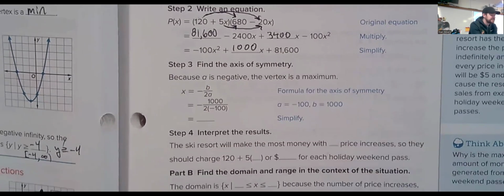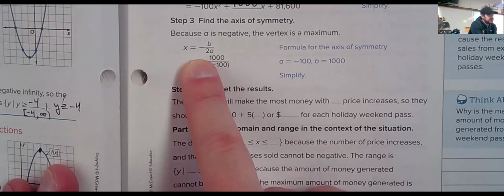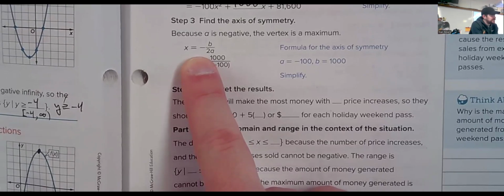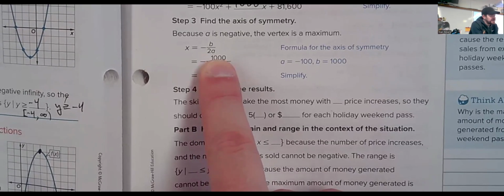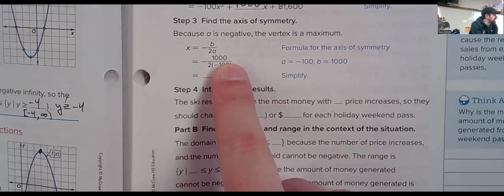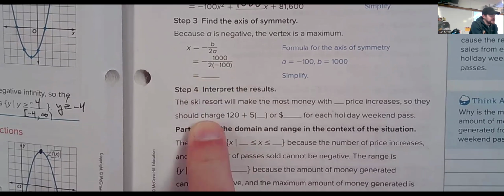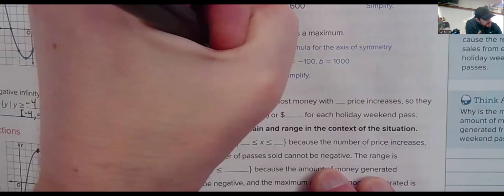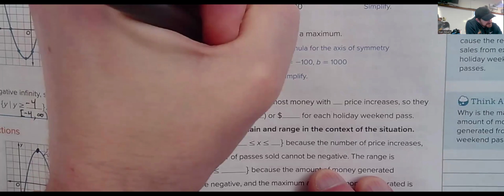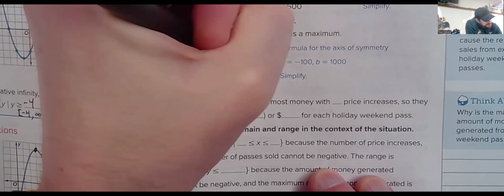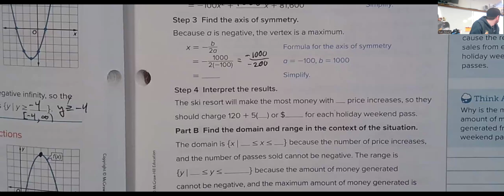We're going to get the axis of symmetry first, or the x value of the vertex. Opposite of b divided by 2 times a. b is 1,000. The opposite of b is negative 1,000, divided by 2 times a. a is negative 100. So this is going to equal negative 1,000 divided by negative 200.